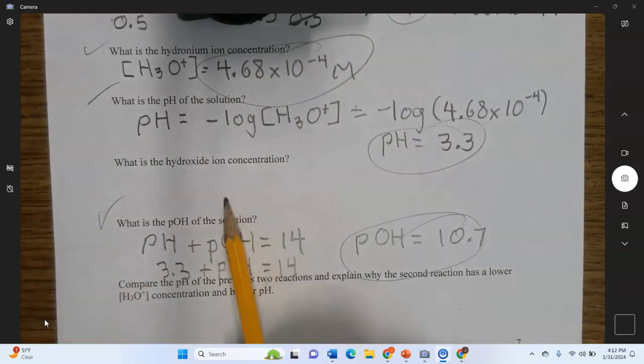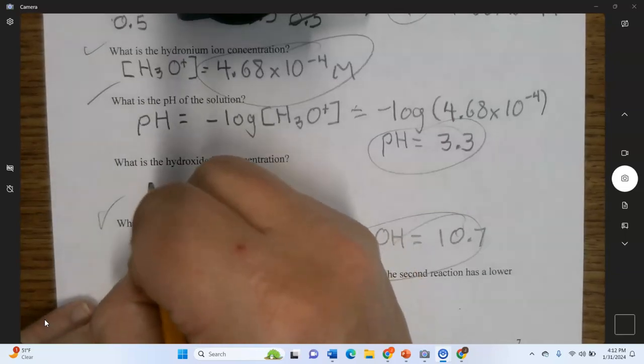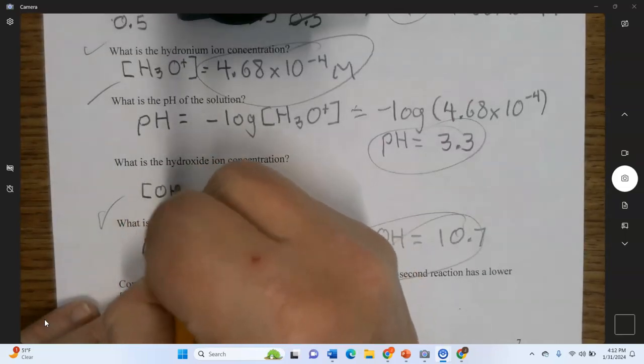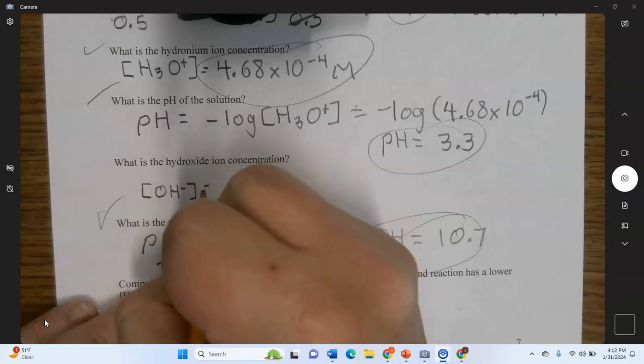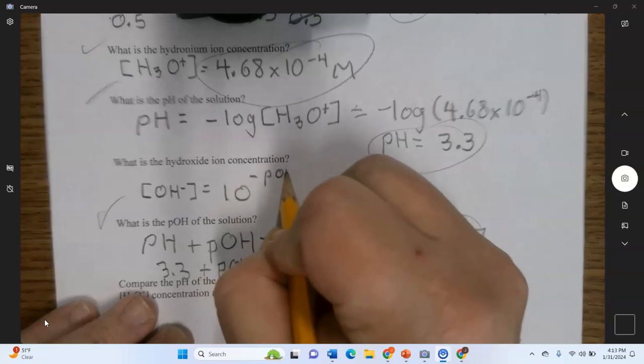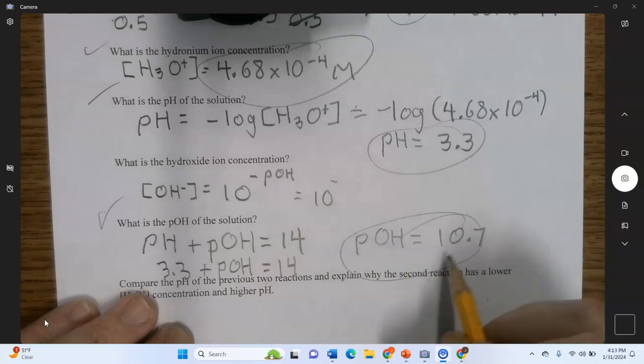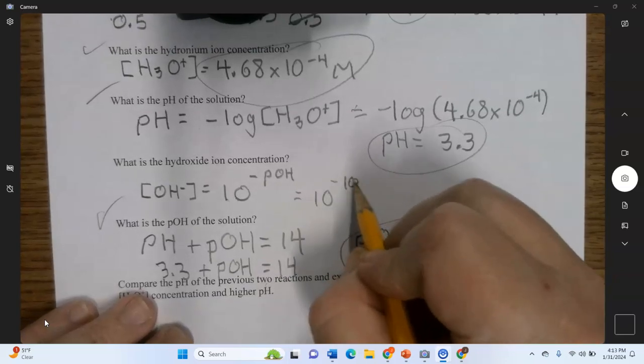And now the hydroxide ion is going to be, get this off your acid-base roadmap, 10 raised to the negative pOH, which equals 10 raised to the negative 10.7.